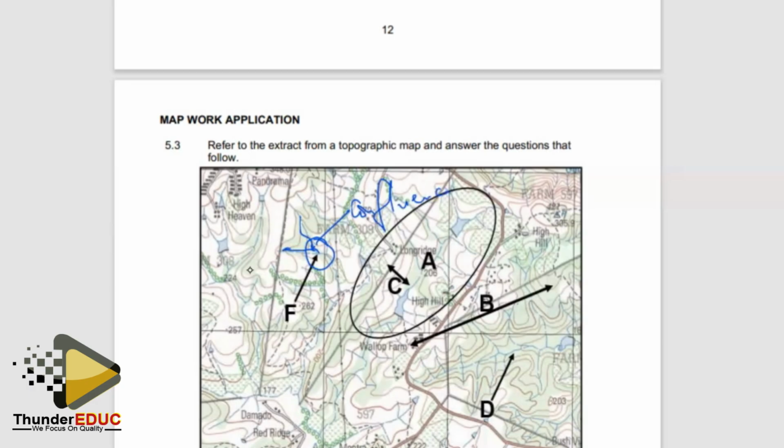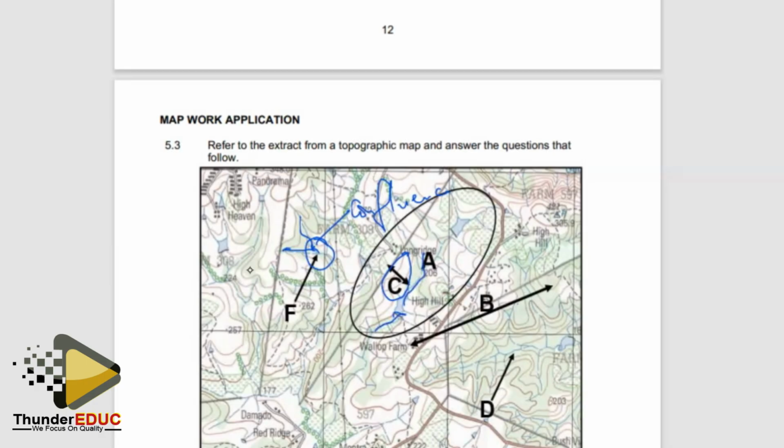Or if you check here, area C, there are some contour lines which you can see on this gray area, indicating that this is a high-lying area. And in this high-lying area, there is a river system which is indicated as A here, which has got this dam and which continues in that direction.